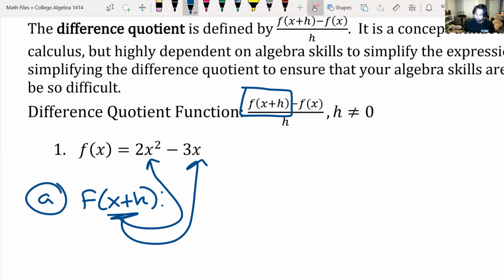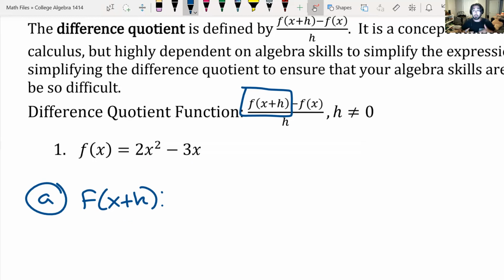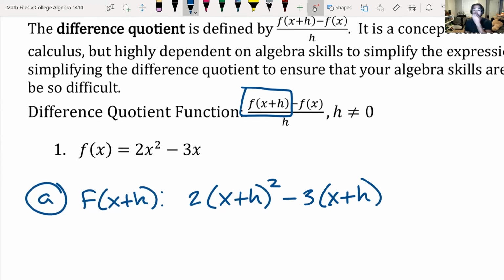That's what we're going to do. And it's again, evaluate, substitute, simplify. So we have 2 times x plus h squared minus 3 times x plus h.